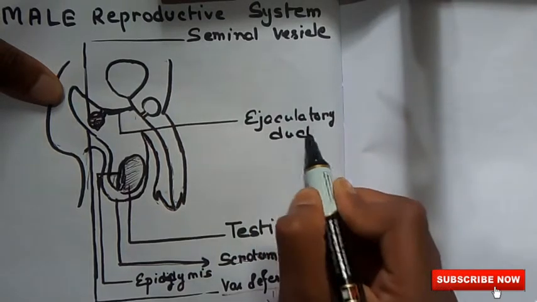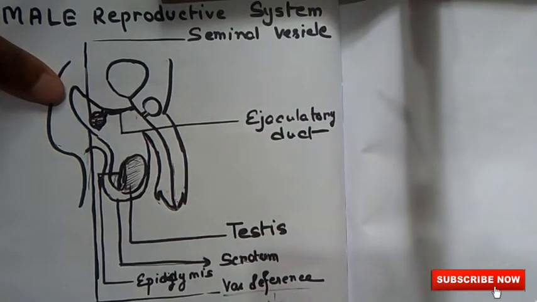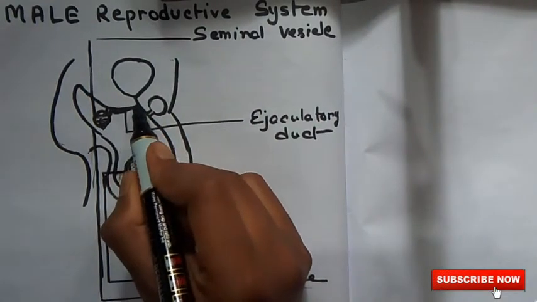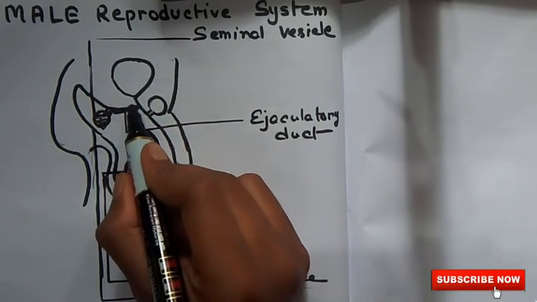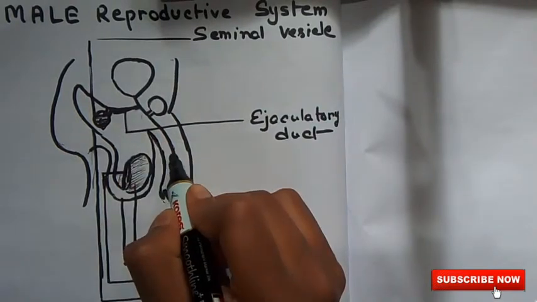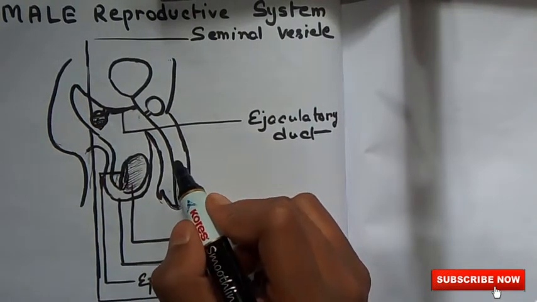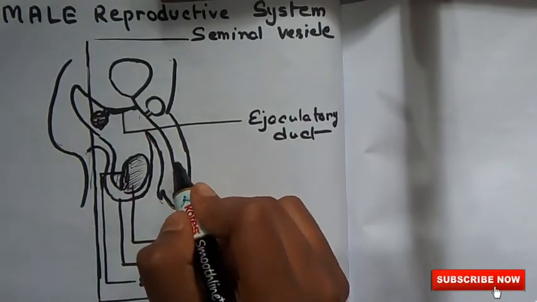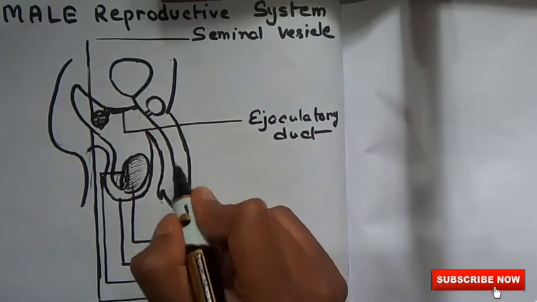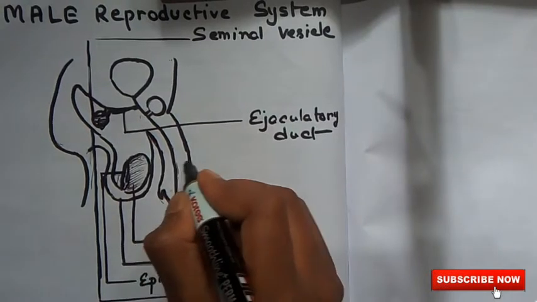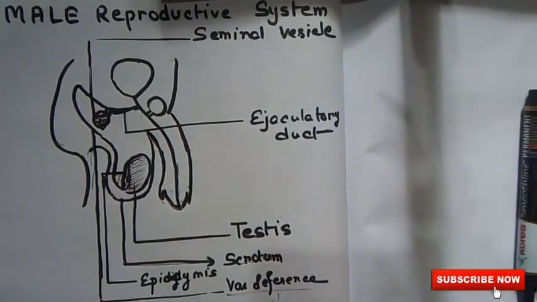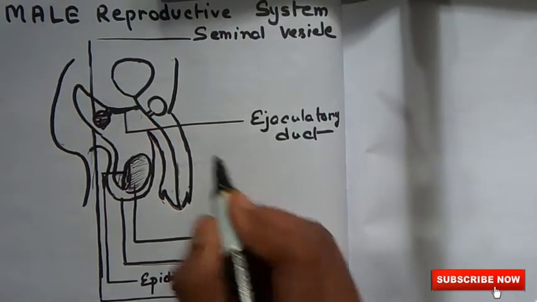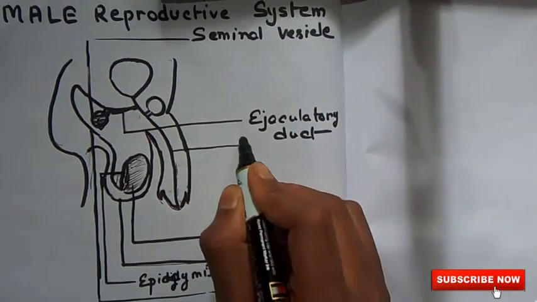The ejaculatory duct is connected with the urethra.